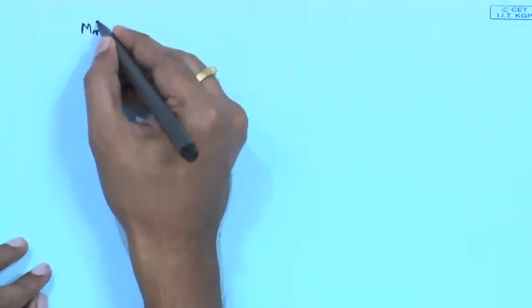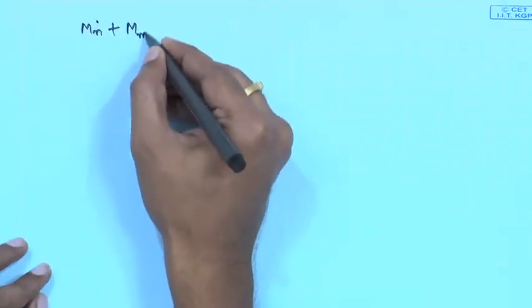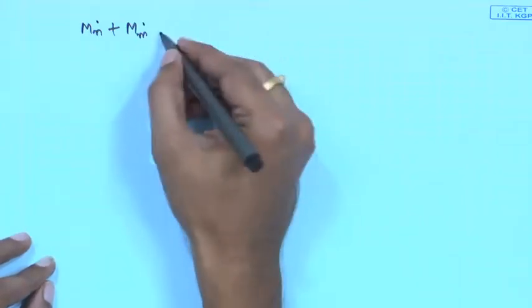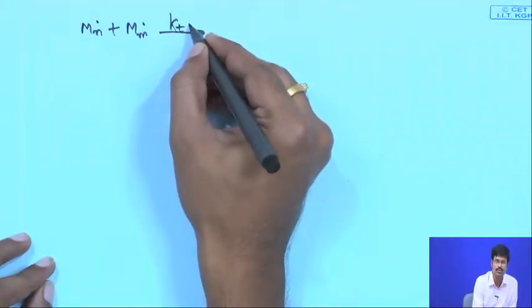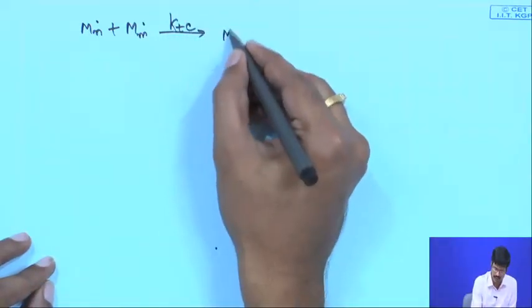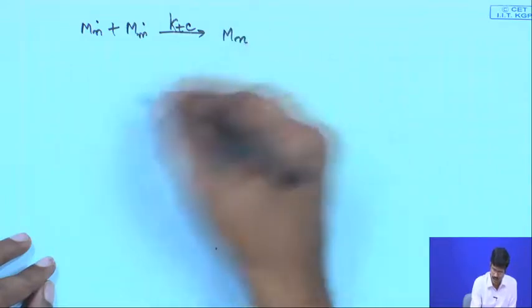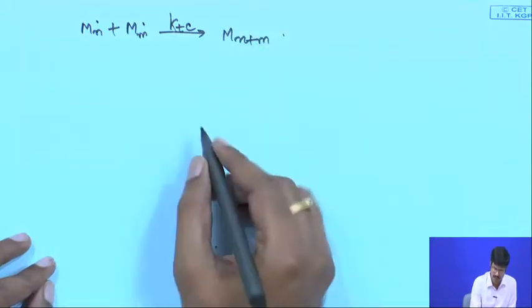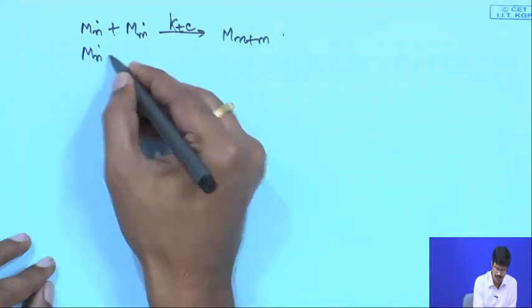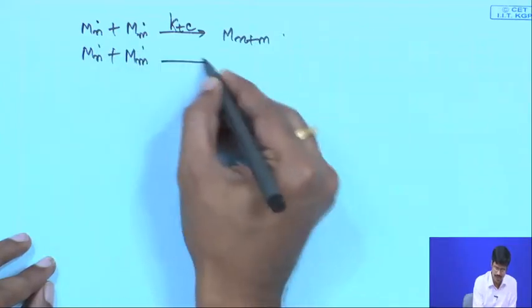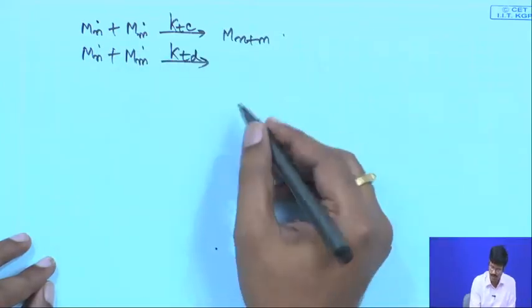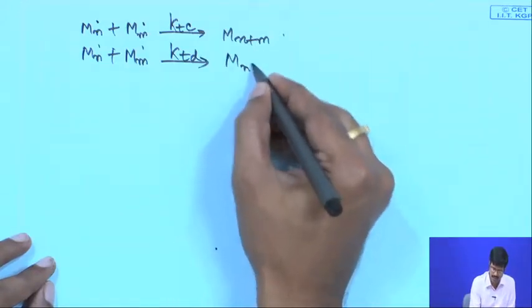So, in general the termination process you can write as Mn dot plus Mm dot. When you have termination through coupling, you have Mn plus m dead polymer. When you have termination through disproportionation Ktd, you have basically Mn plus Mm.